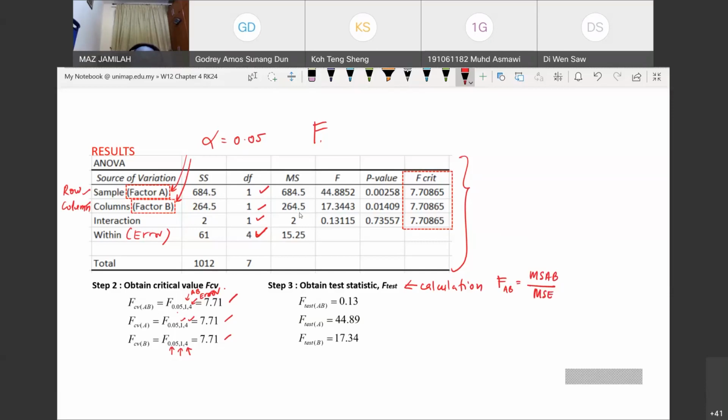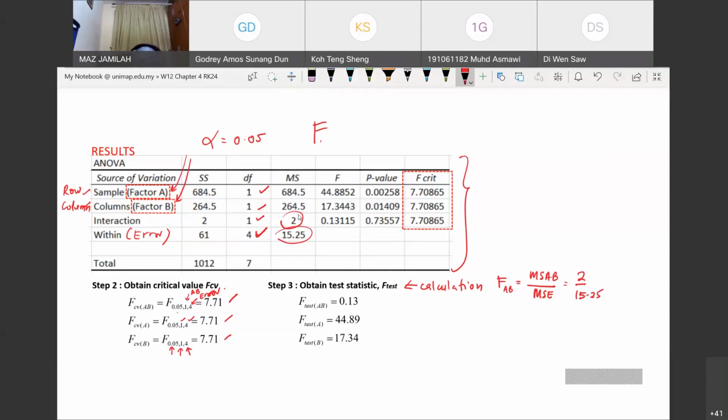In this case, MSAB is this one, divided by MSE, which is this one. Just to make sure, it is 2 divided by 15.25, so you have 2 over 15.25.